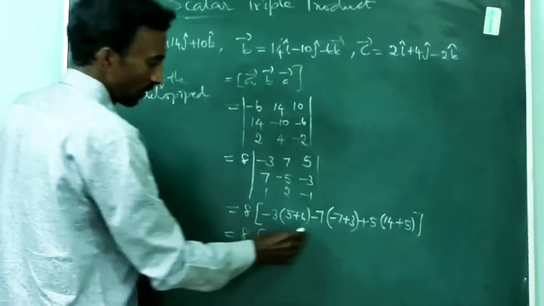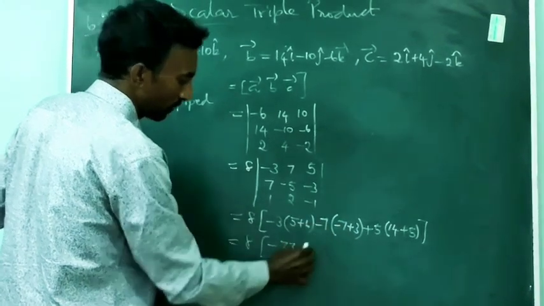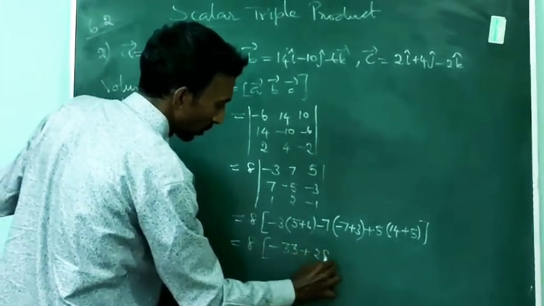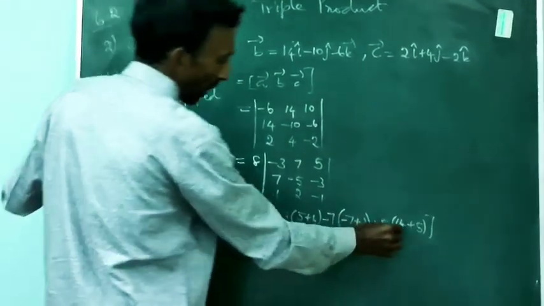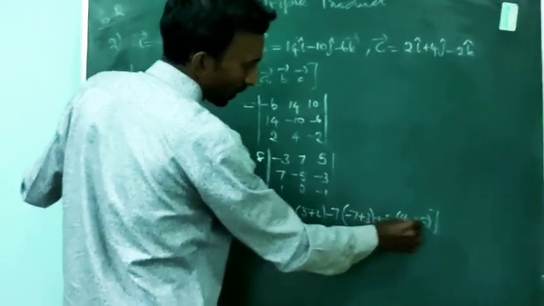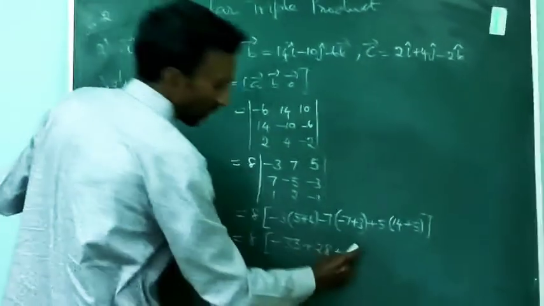Then minus 4 into minus 7 is plus 28. And what is that? 19 into 5. So 19 into 5 is 95.